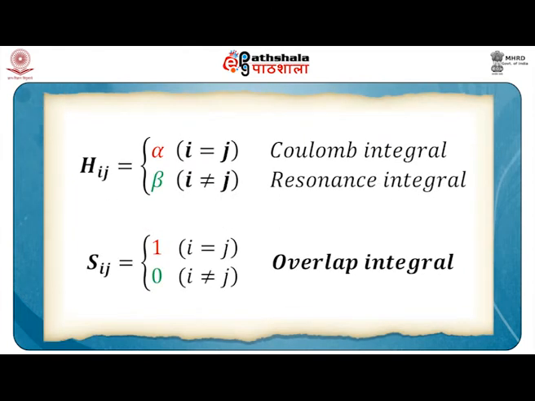Similarly, for Sij, there is a general expression as you can see here: if i is equal to j, then Sii becomes equal to 1, whereas if i is not equal to j, then Sij is equal to 0. So these were the approximations which Huckel made.